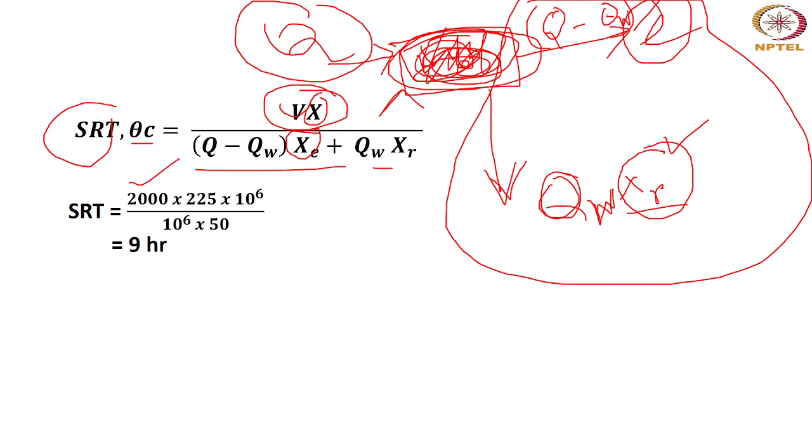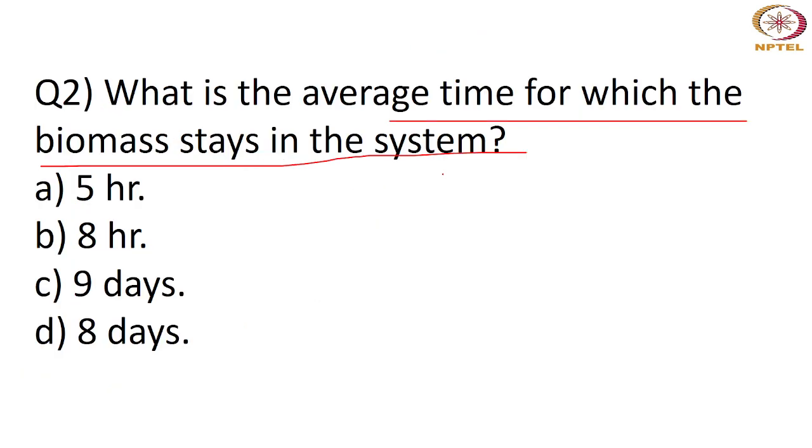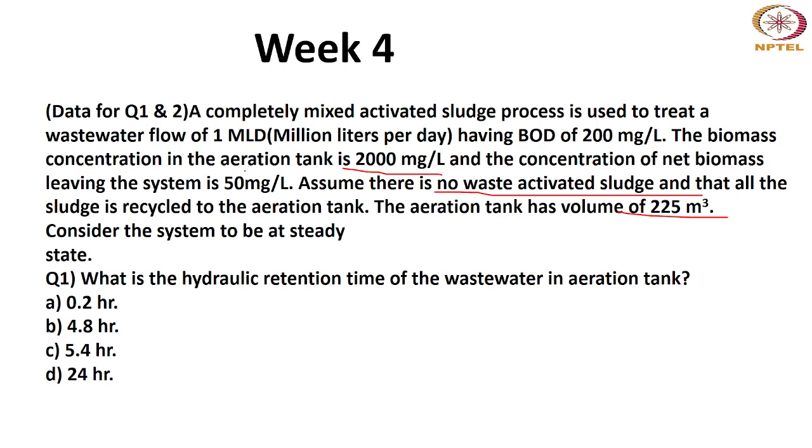So this is 2000. In case it was given as 2000, yes, mg per liter, and then multiplied by 225 and multiplied by 10 to the power 6, right? So that was the volume. I guess what was it? Sorry, let me check. Yes, 225 meter cube.